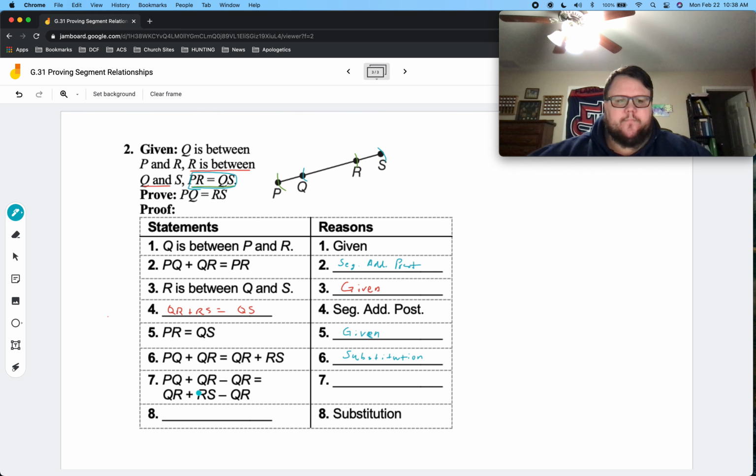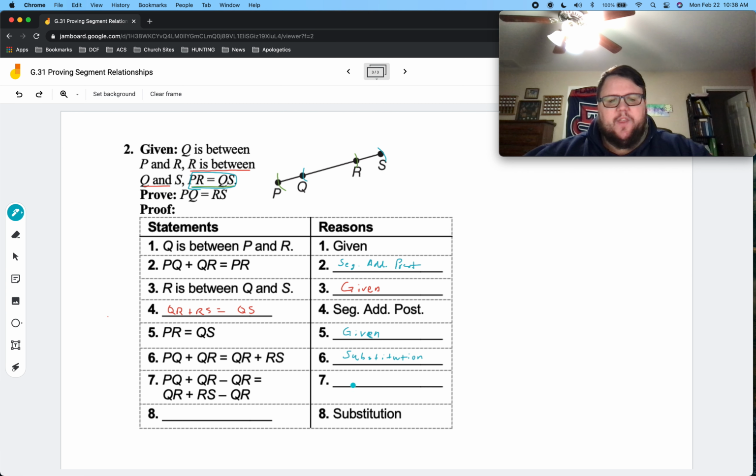Substitution. So now if you notice, if this were just an equation, we're subtracting QR from both sides. Because QR is on both sides, we end up canceling them out when we subtract, right? So what are we doing here?